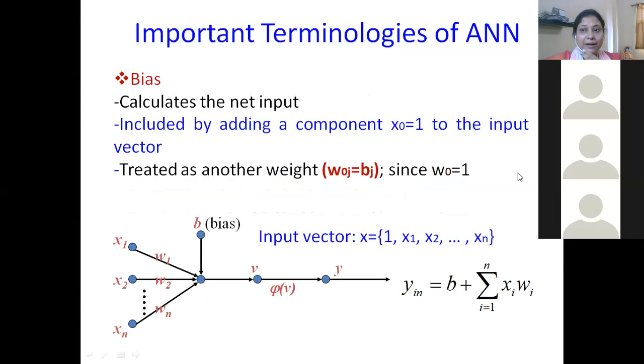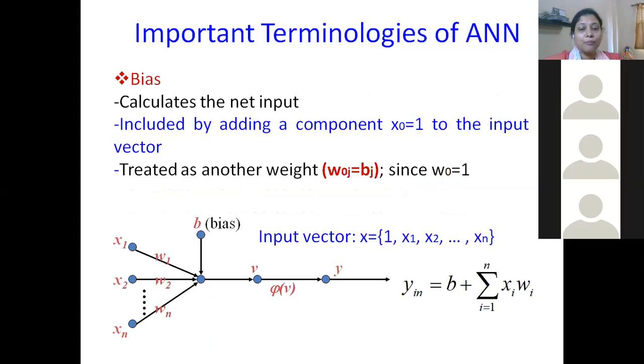Now coming to the bias. What is bias? You can see that there is one input shown here, that is b. This bias usually calculates the net input.